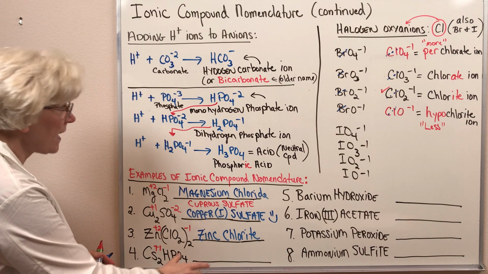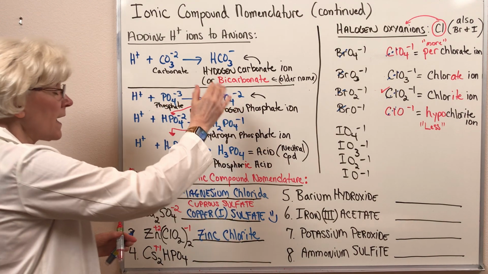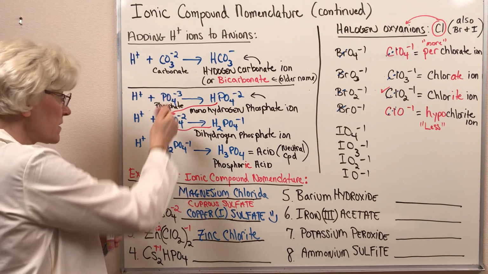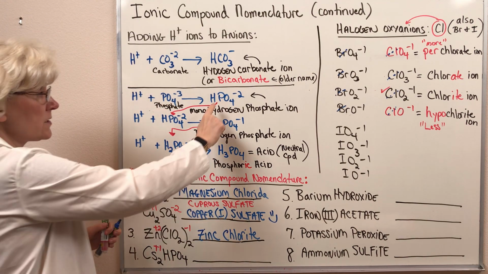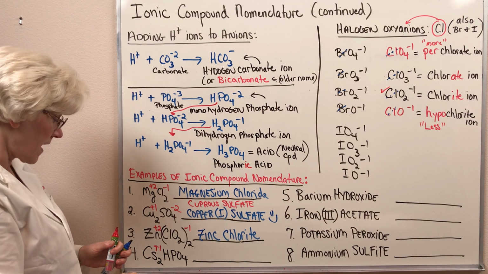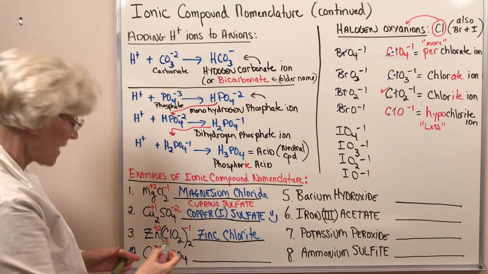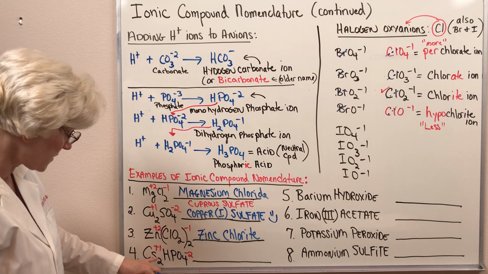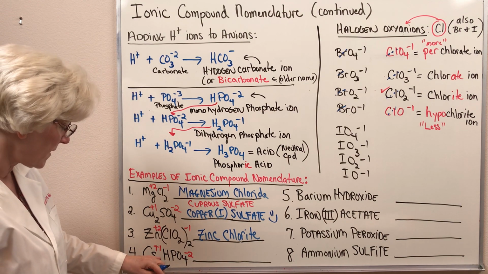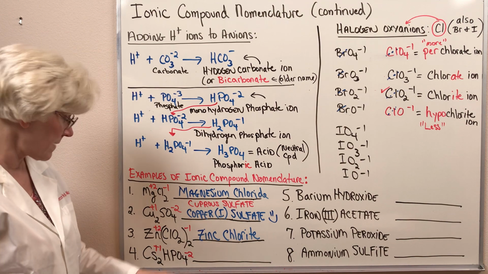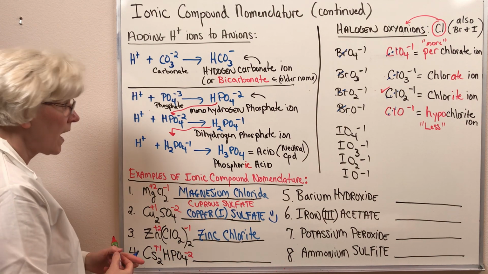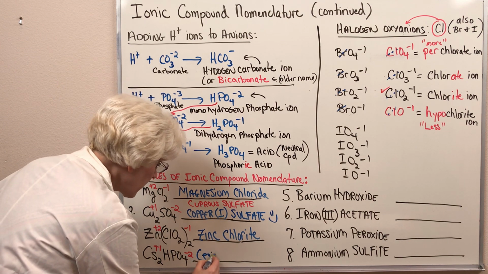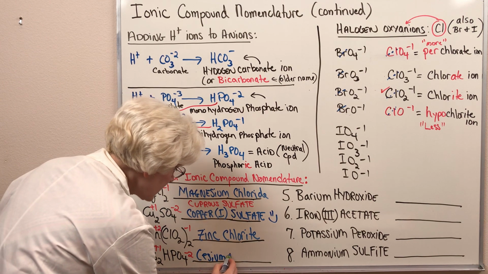And the anion is one of these anions where we have attached hydrogen, in this instance, to phosphate to form the monohydrogen phosphate anion with a -2 charge. So cesium +1, 2 times the +1 gives you a +2, and that balances the -2 on monohydrogen phosphate, and we can write the name for this compound as cesium.